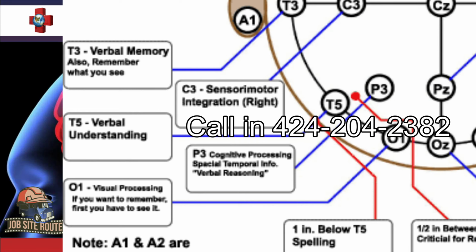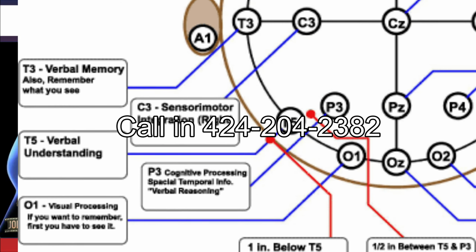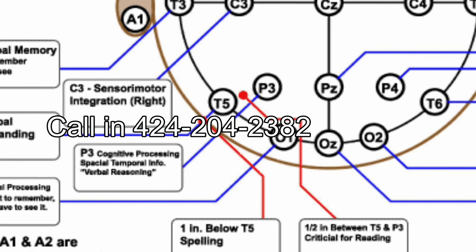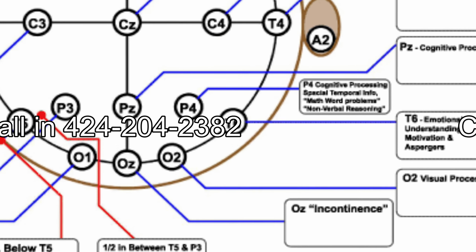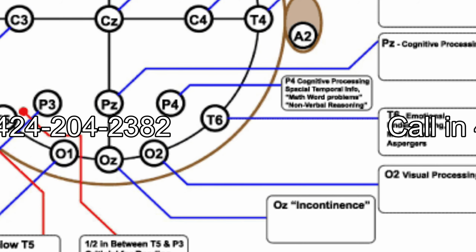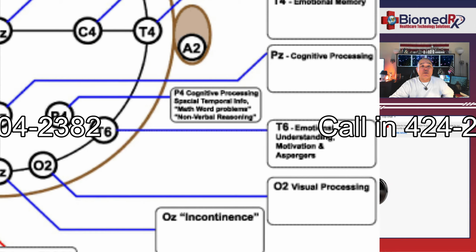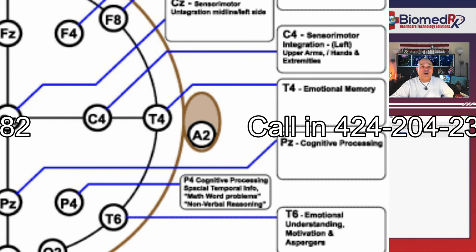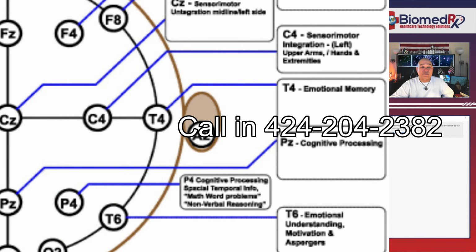Now, with the occipital lobe at the very back of the head, we're looking at O1, which is visual processing. If you want to remember, first you have to see it, right? And then OZ in the back of the head for incontinence, all right? And O2 for visual processing, again, on the other side, right?